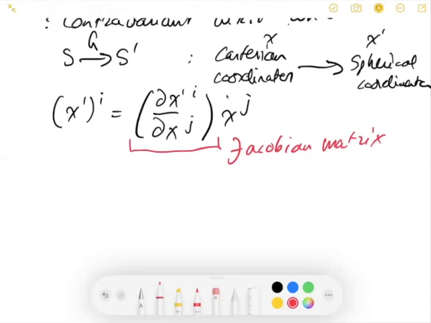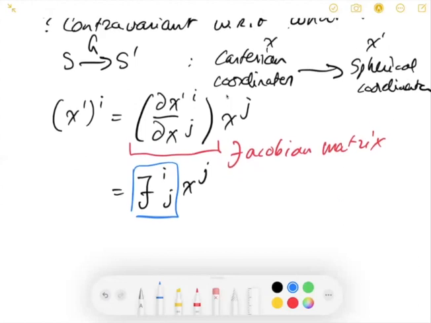Sometimes you'll find this written as J, i, j, xj, but be very careful because this is not actually a tensor. It looks like one, but it's not, because it brings you from one coordinate system to another. So that's why we call it the Jacobian matrix. Okay, so that's the thing that takes you from xj to xi.